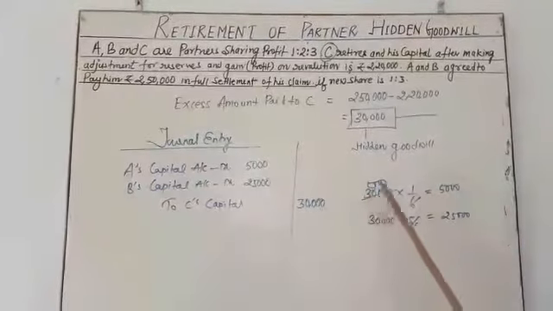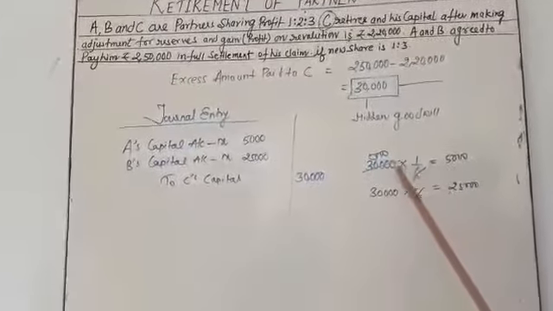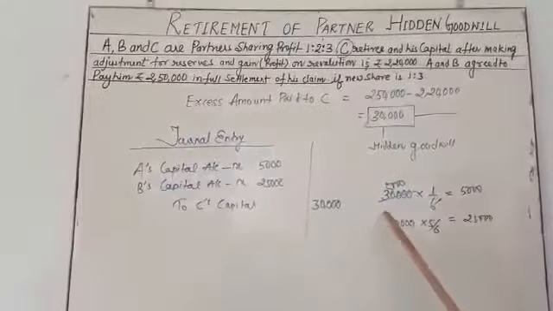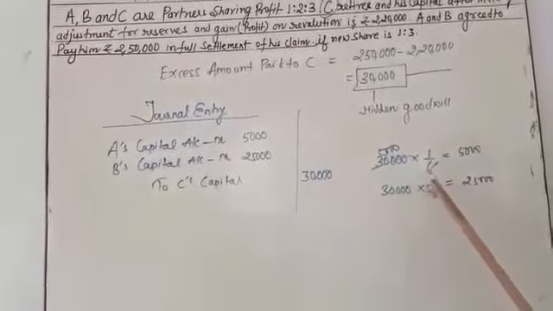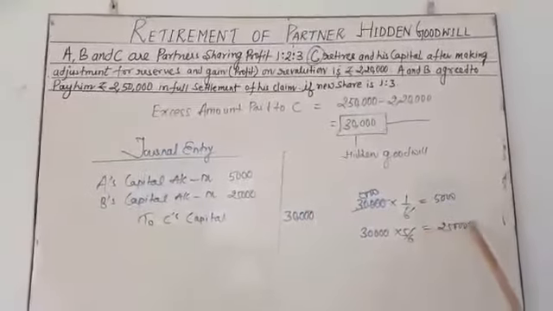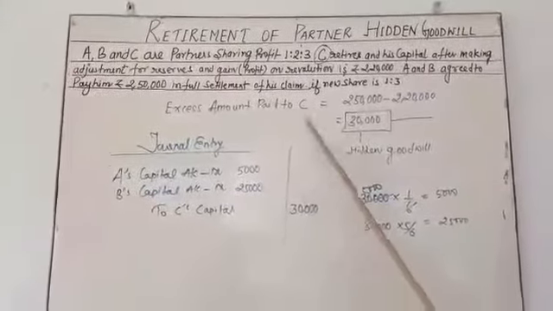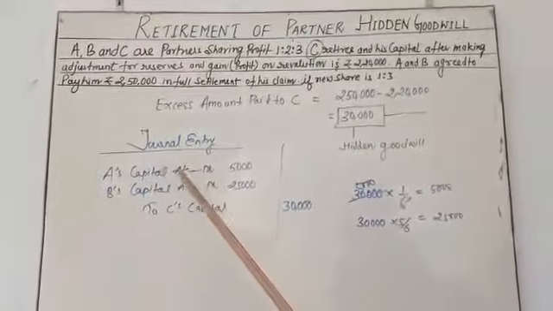You calculate how much amount is paid by A. A paid 30,000 multiplied by 1 by 6, which is equal to 5,000. Calculate how much is paid by B. B paid 30,000 multiplied by 5 by 6, which is equal to 25,000. Simple. That is going to be put in the journal entry. The journal entry format is given; you have to draw your format.